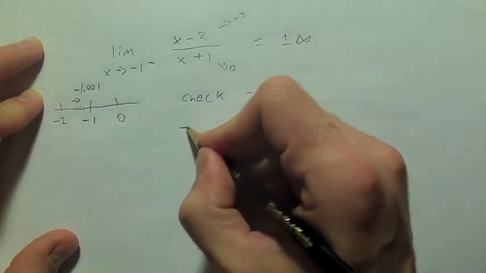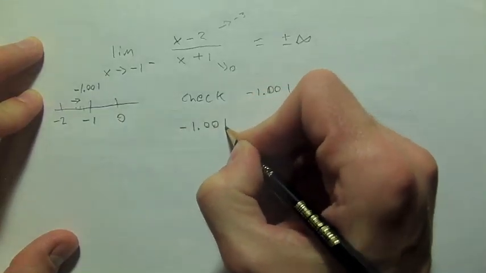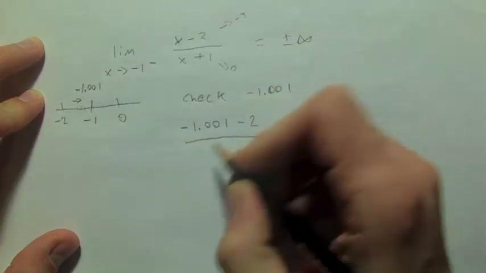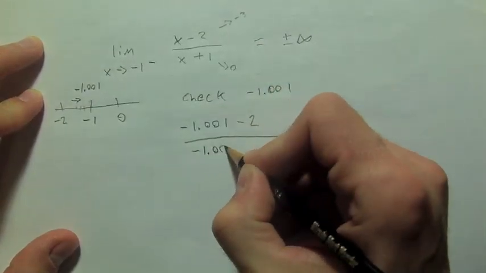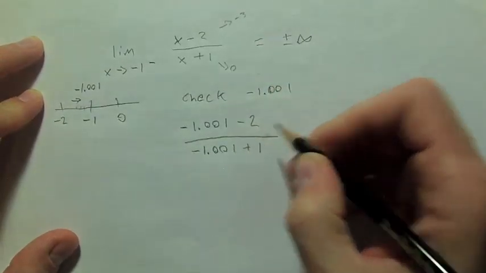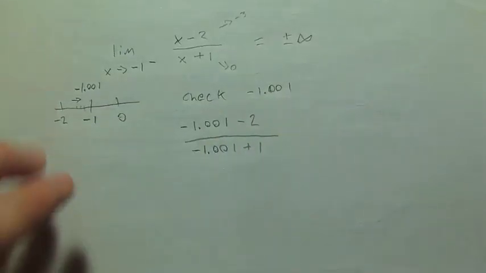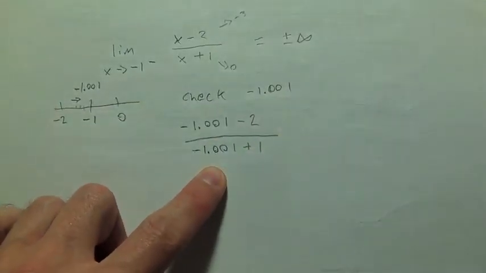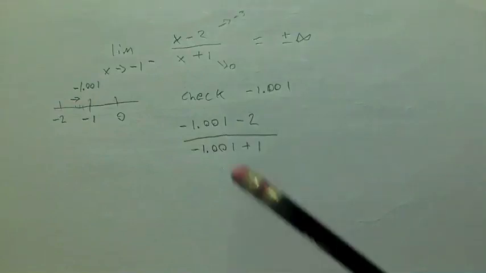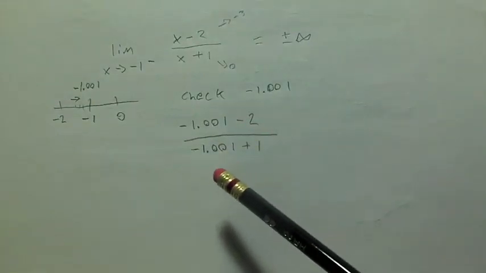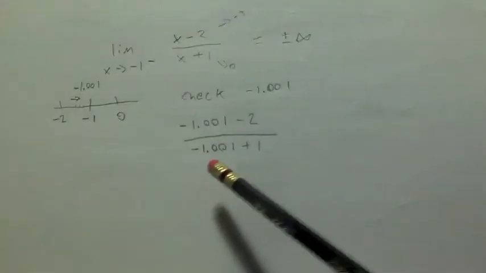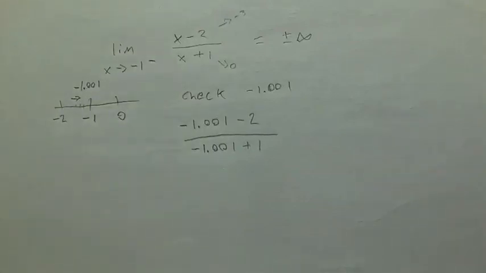Negative 1.001 minus 2 over negative 1.001 plus 1. And we can see here that this is going to end up being something negative, right? Because I have 1 minus something greater than 1, so the denominator is going to be negative. But go ahead and crank this out.